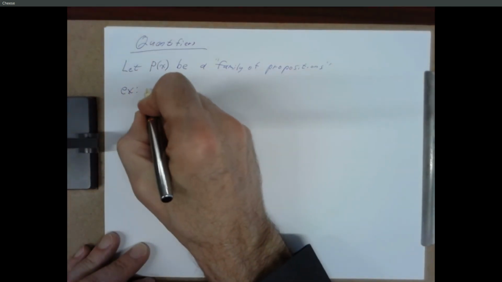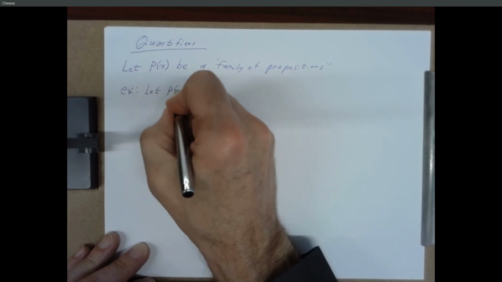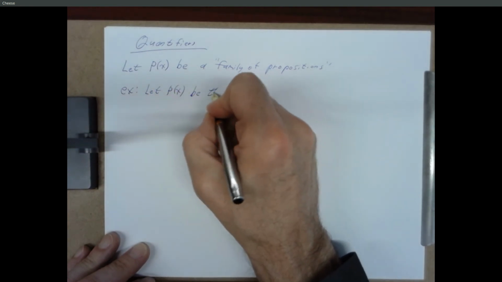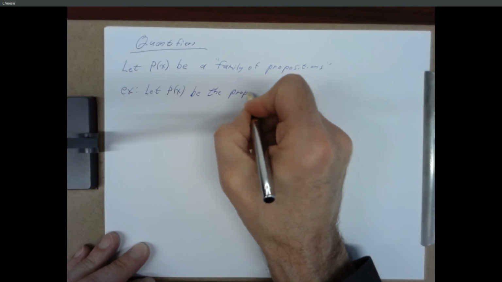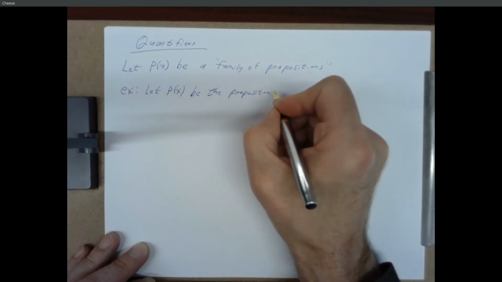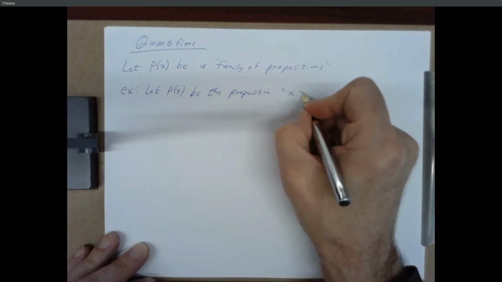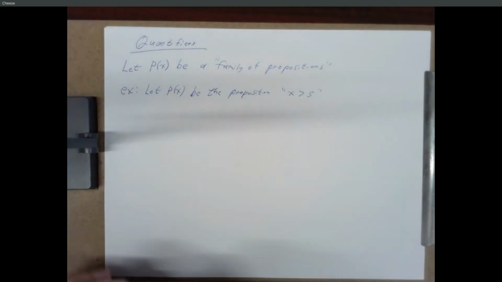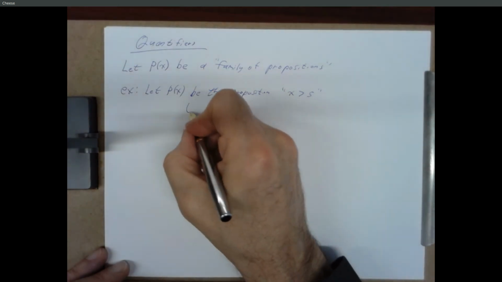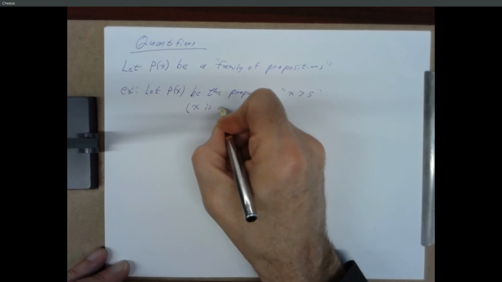for example, let P of X be the proposition X is bigger than 5. And I'm going to specify in here where X is an integer.